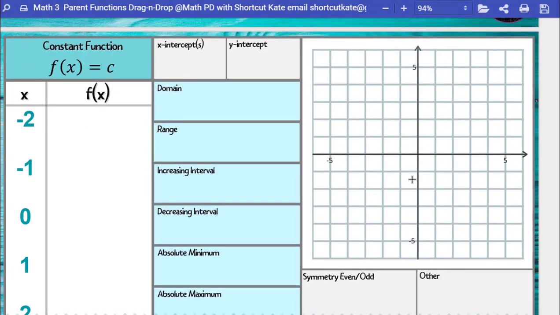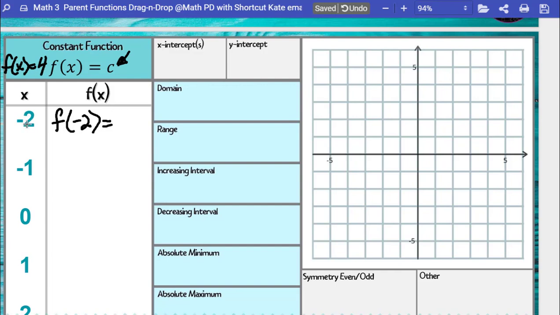This is the constant function. What I mean by that is the number that is constant will never change. So if I put in values for x, the number here that's constant will never change. In this example, I'm just going to change this to a number so you can see it is in fact constant. I'm just going to pick 4 just for kicks.